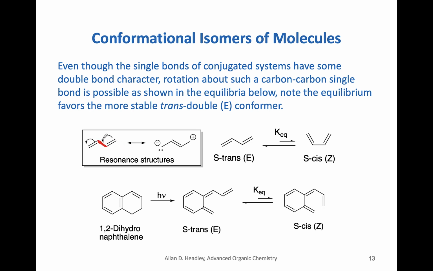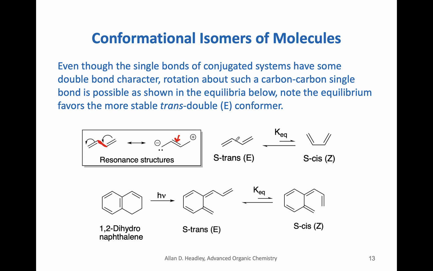But if you draw the resonance structure here, you can see that it has some double bond character. So that's a little more difficult to rotate, or the energy of activation between these two isomers here would be a little higher than that of your typical carbon-carbon single bond.